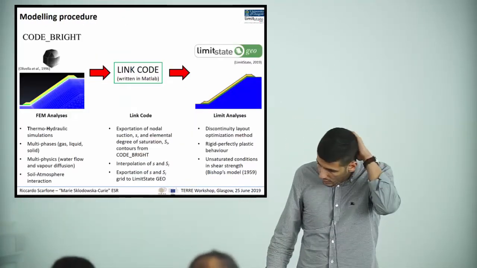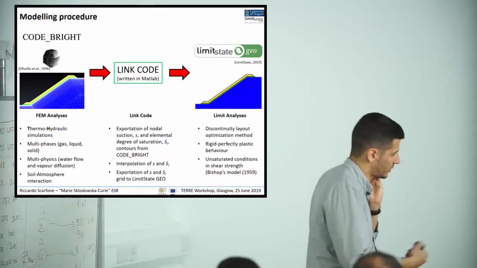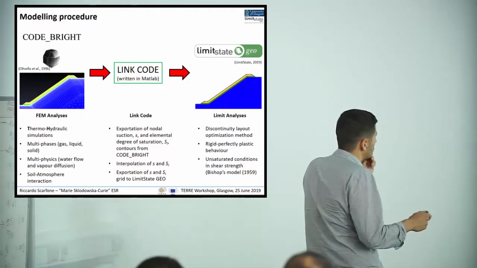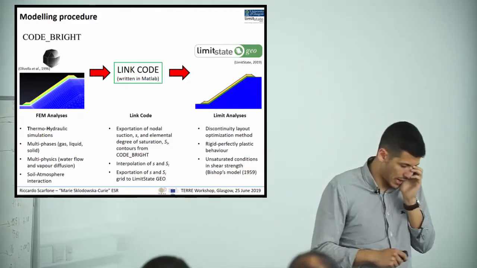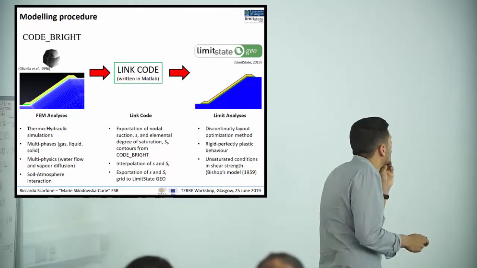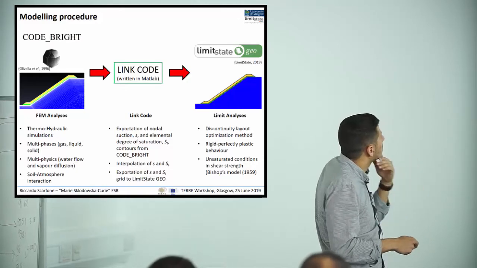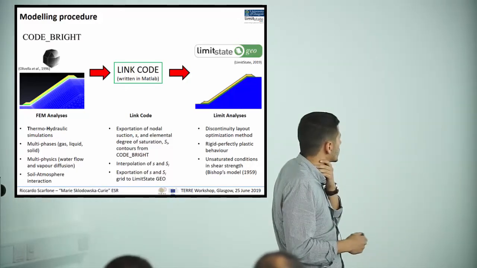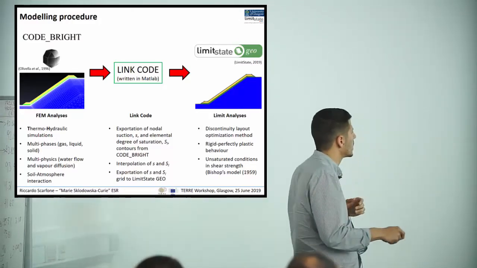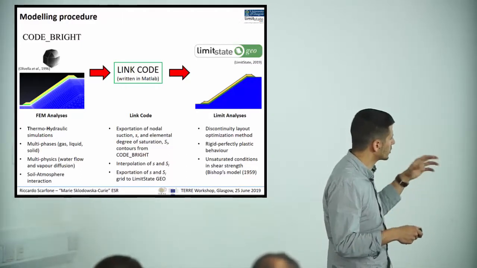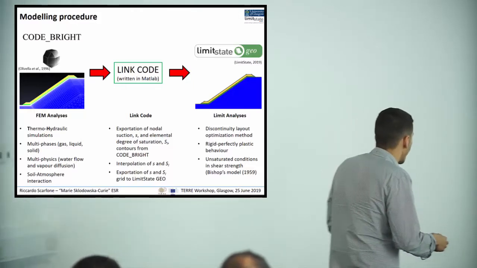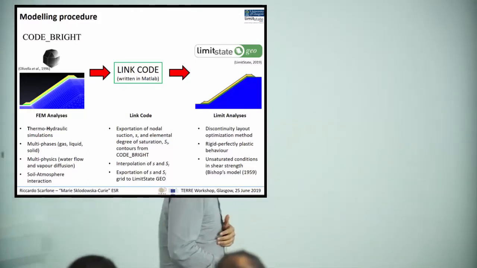So what is the modeling procedure that we used in this type of numerical study? We started from finite element analysis using CodeBright, which is a finite element code developed at UPC in Barcelona, with which we performed advanced thermohydraulic simulations, considering multi-phase flows, in particular the presence of gas, liquid, and solid, and multi-physics phenomena like water flow in the liquid phase, but also vapor diffusion, and in particular we also consider the soil-atmosphere interaction.